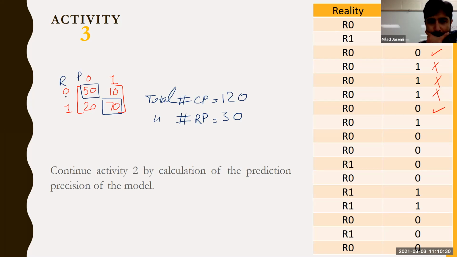Here we had 10 cases of 0 that are predicted wrongly as 1, and we have 20 cases of 1 that are predicted wrongly as 0. So you see, you have everything now to analyze your prediction model, and you can also use this data to calculate the precision of your model. Now take your time and do it.